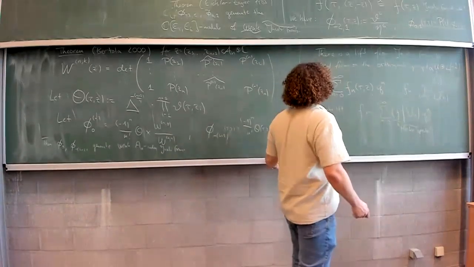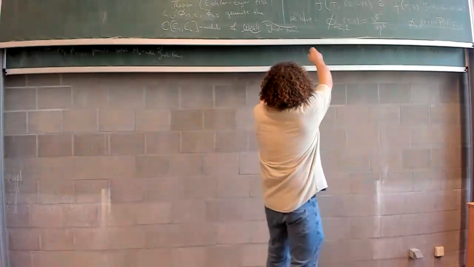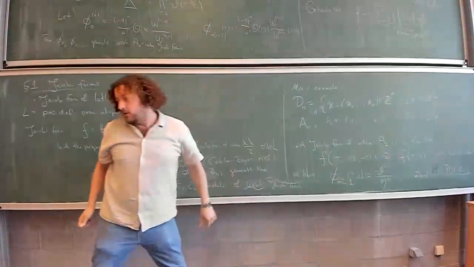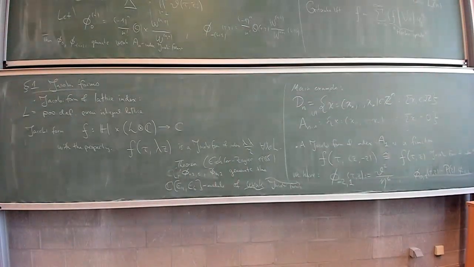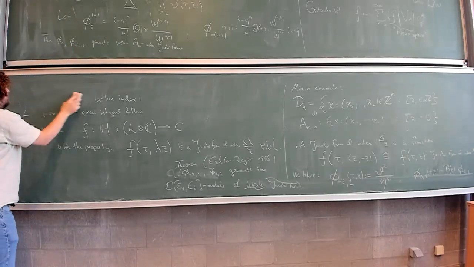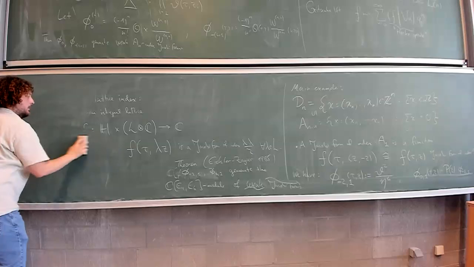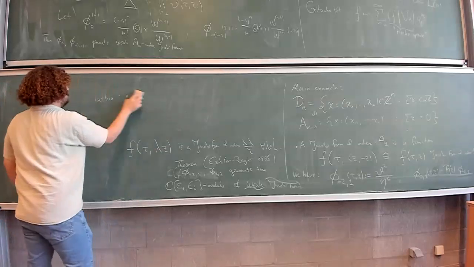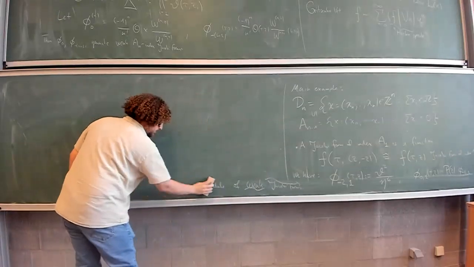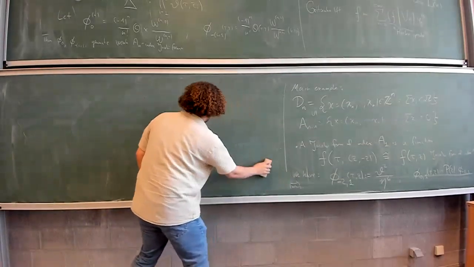There is such a Gritsenko lift. So now that I have these special Jacobi forms, I can define some special modular forms.